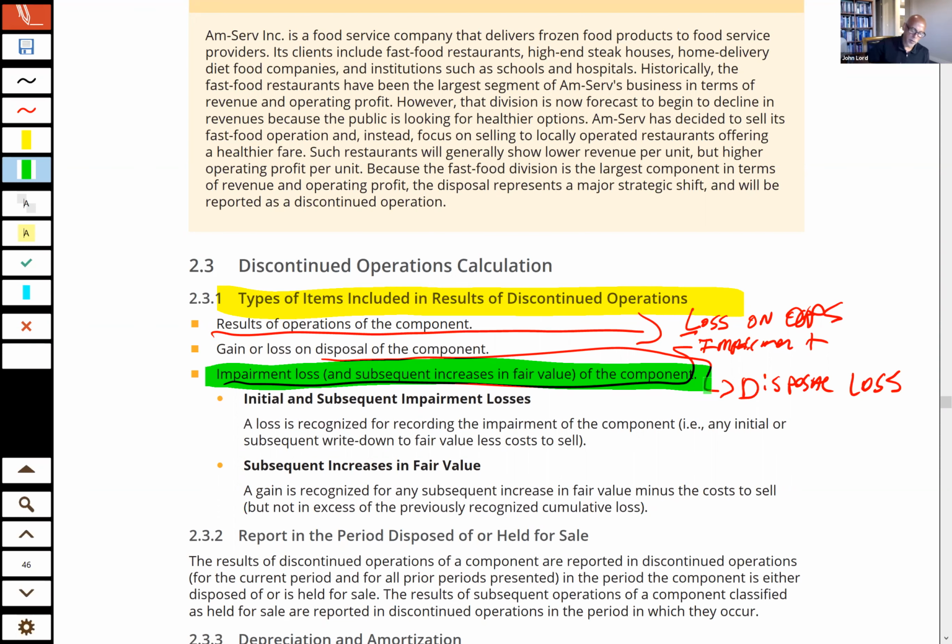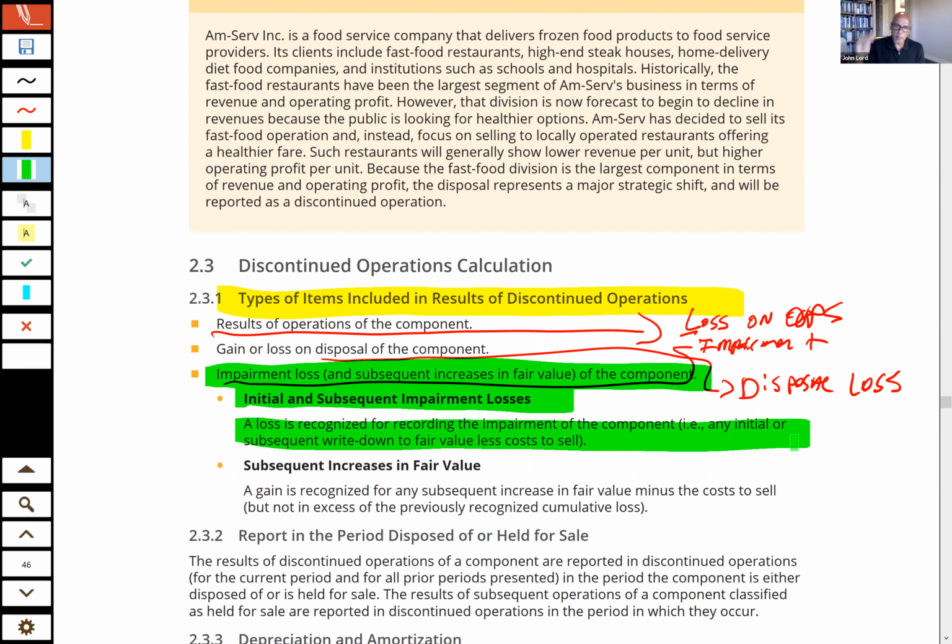And if the fair value is falling below the book value, we will need to take an impairment loss. We will write it down, and that impairment loss will be included in the section pertaining to discontinued operations.